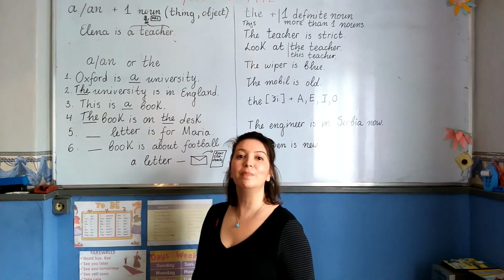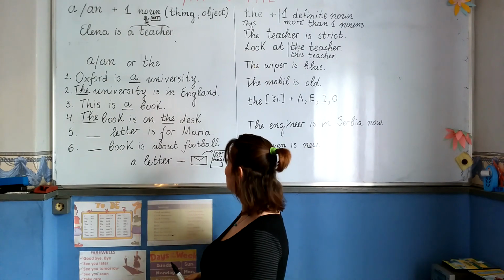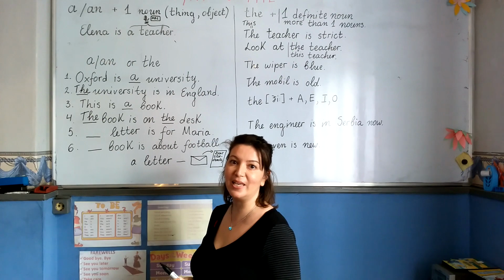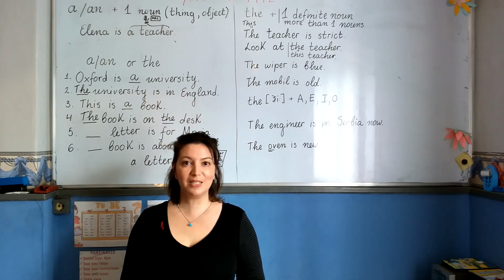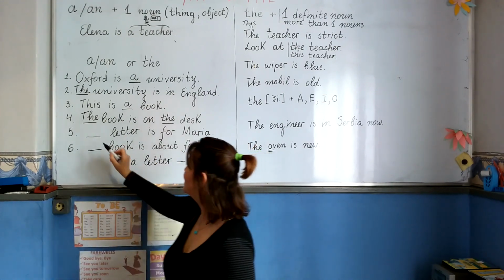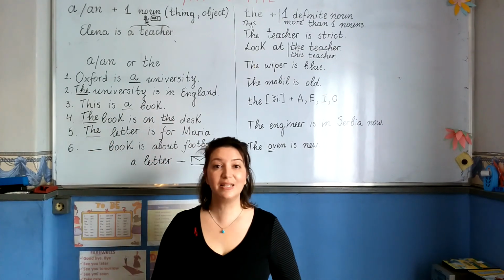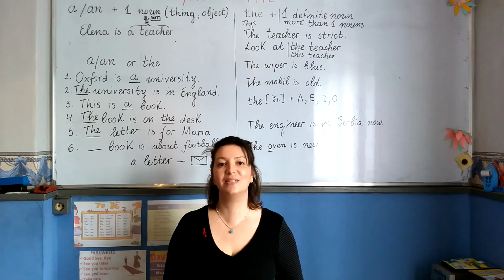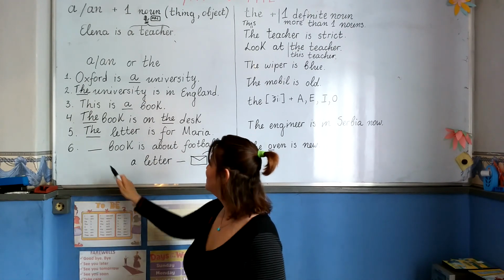Letter is for Maria. If we know who the letter is for, it is obviously a specific letter here, and we name the specific things with the. The letter is for Maria, as if we are saying this letter is for Maria, handing it to her.